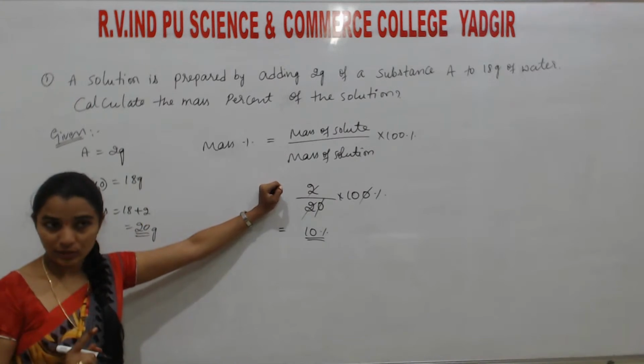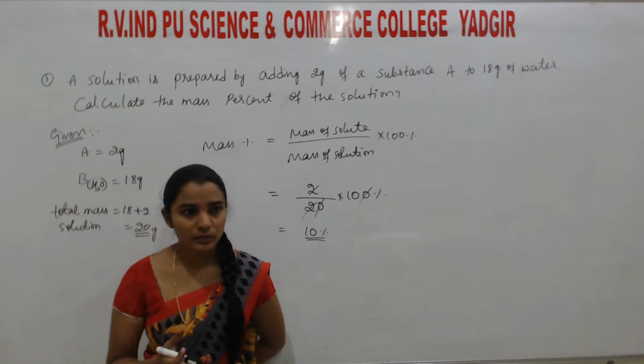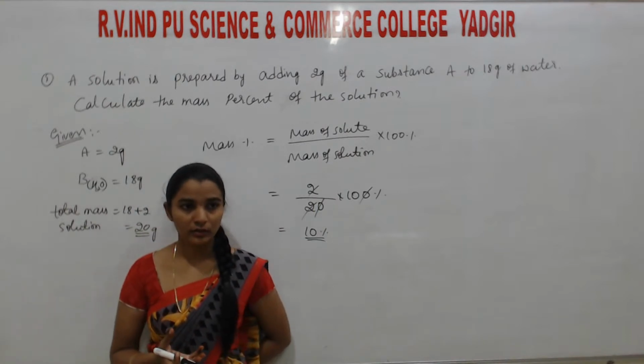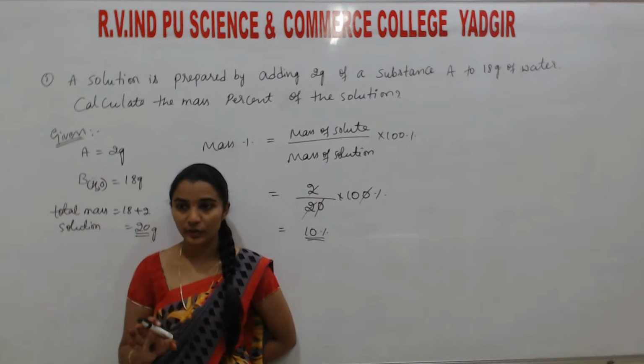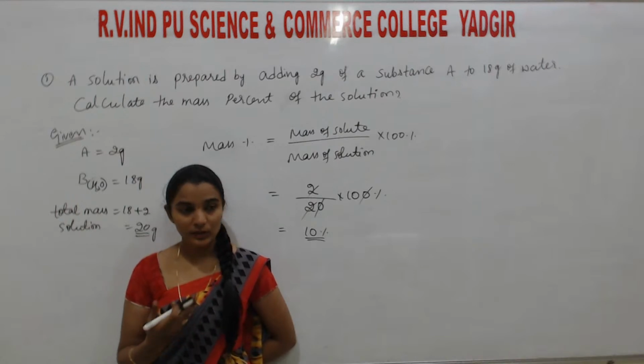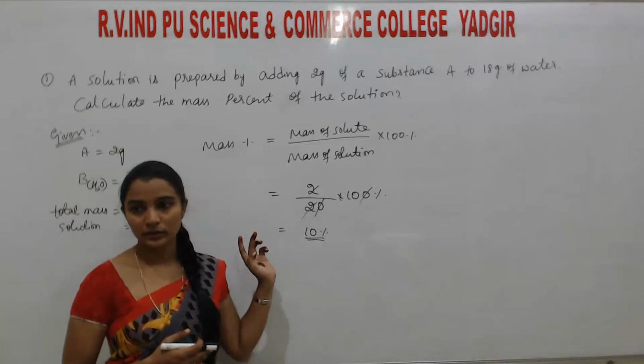That is a 10% solution. Like 100 marks is there; 50% means the marks obtained must be 50, and 10% means the marks obtained must be 10. Similarly here also, if you compare this with 100, you will get 10%.